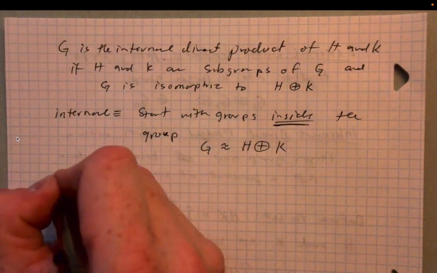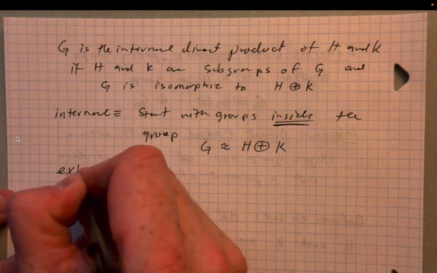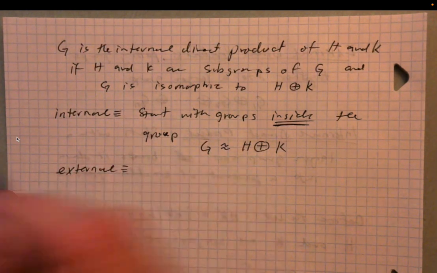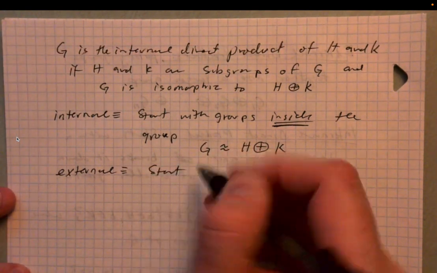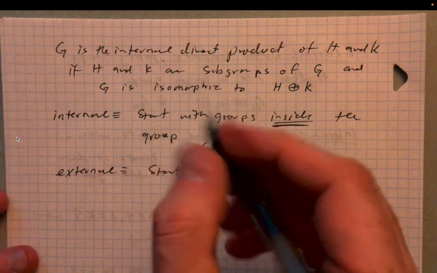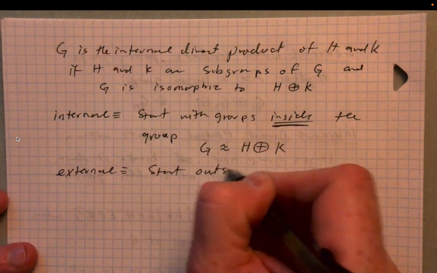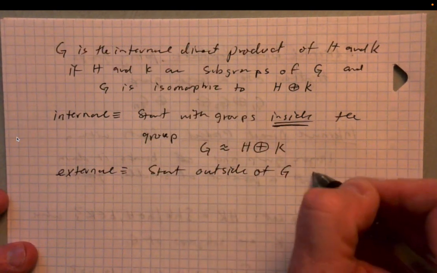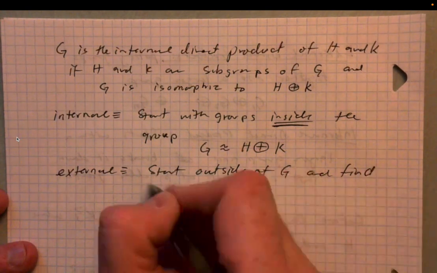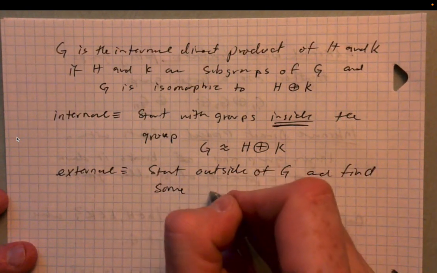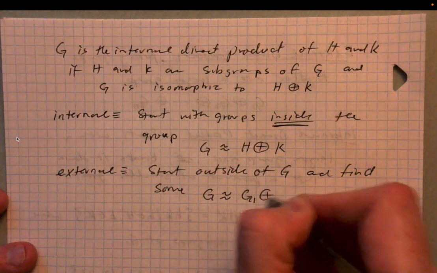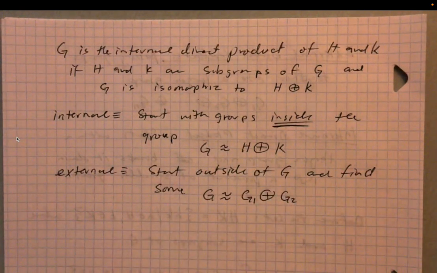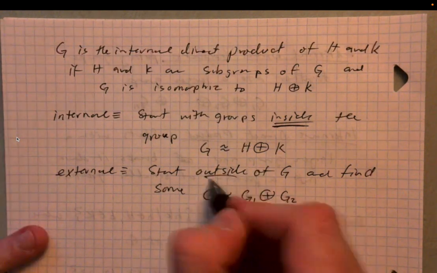Contrast that with the external direct product. You start with any group in the world, really outside of G. So the key is outside.